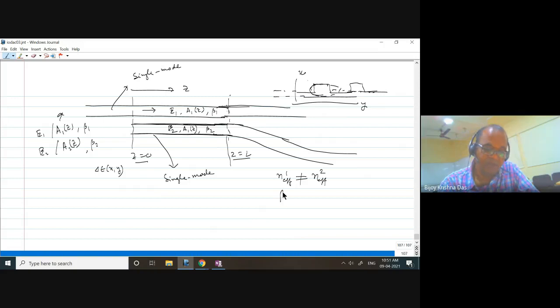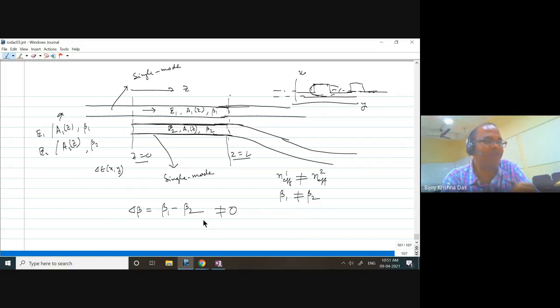That means beta 1 may not be equal to beta 2. If it is so, then you don't have that periodic perturbation, so delta beta is simply beta 1 minus beta 2. And if they are not equal, how much are they deviated from 0?